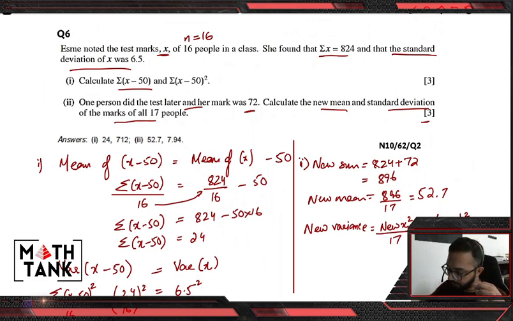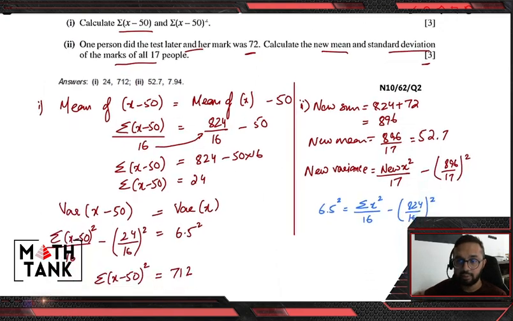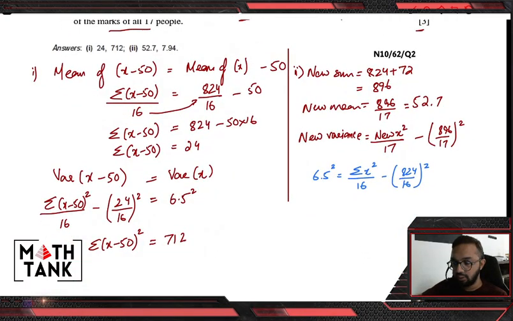How am I going to do that? I'm going to use the variance formula. I'm going to say that 6.5 squared was basically the sum of x squared divided by 16 minus 824 over 16 whole squared. That was the original sum of x squared. That's what I've written.